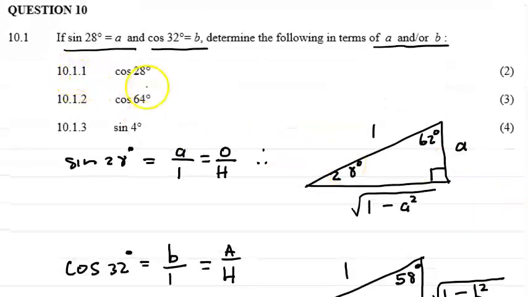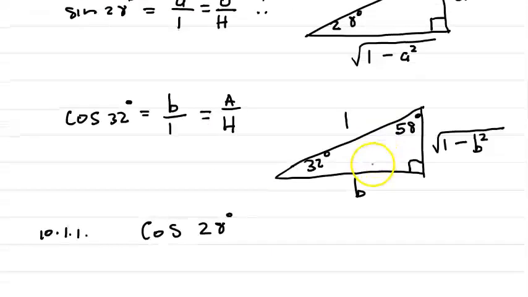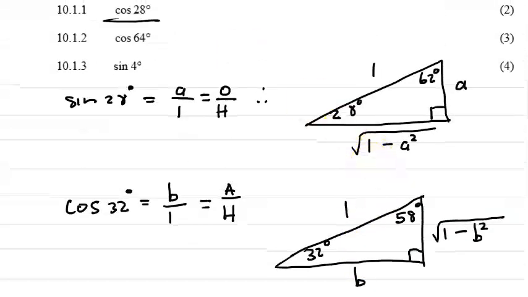Let's look at what they want here in 10.1.1. Cos of 28 degrees. Let's go look for the triangle with 28 degrees. So looking at that, you can now see that 28 degrees is here, and that's my reference angle. And remember, cos is adjacent over hypotenuse.